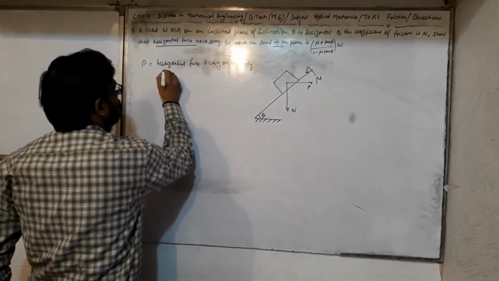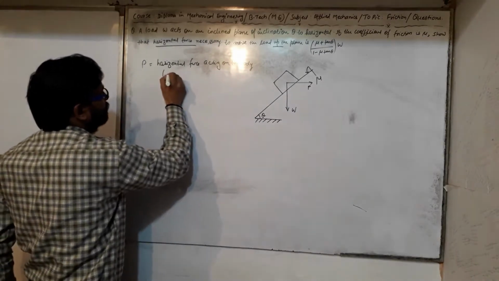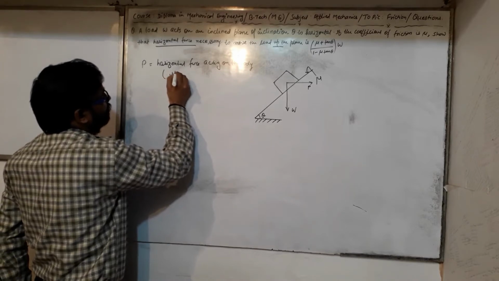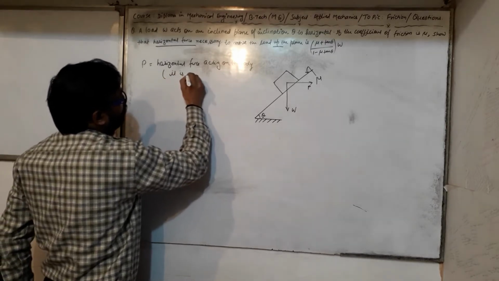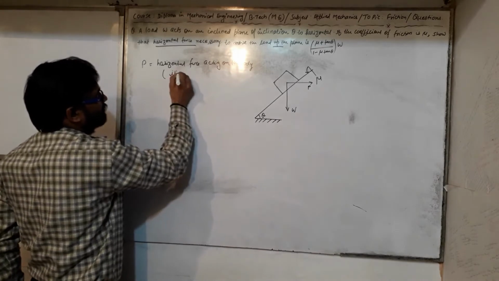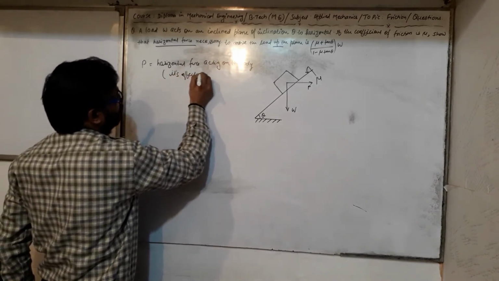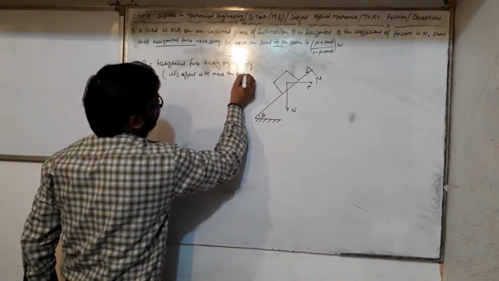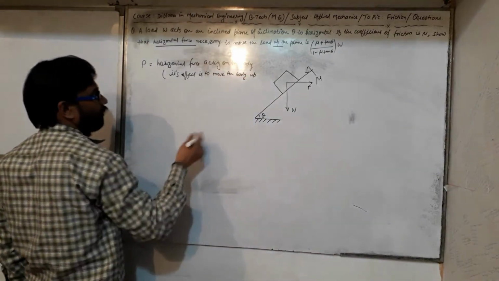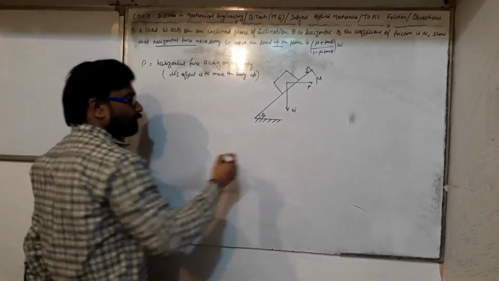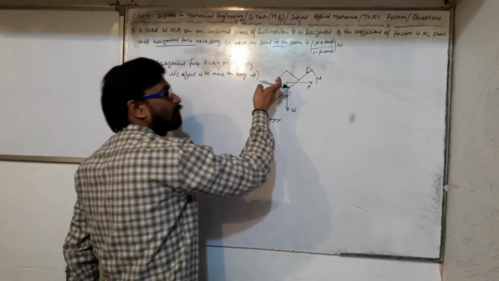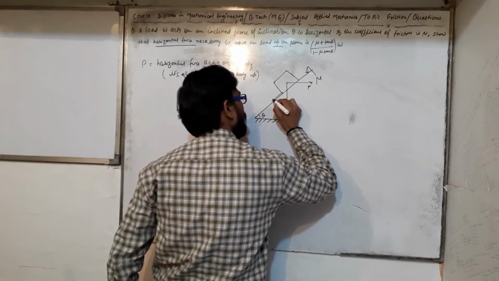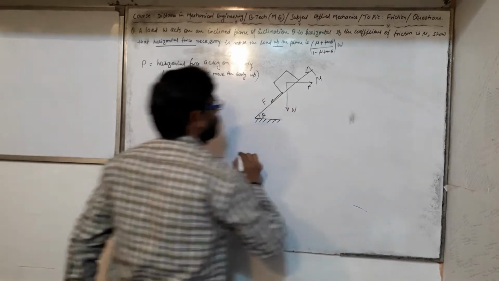So the tendency of the body is to move up, and its effect is to move the body up on the inclined plane. Hence the frictional force would act in this direction.